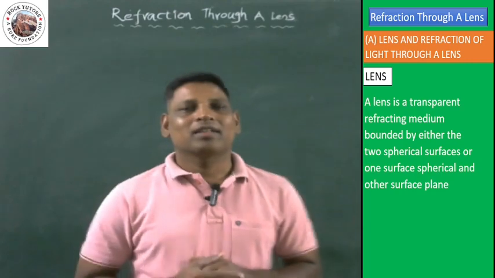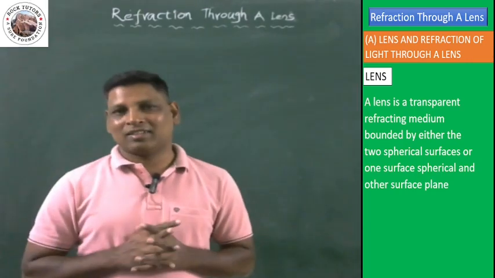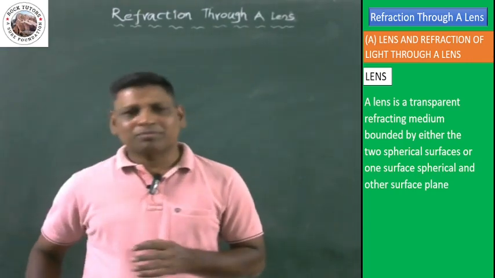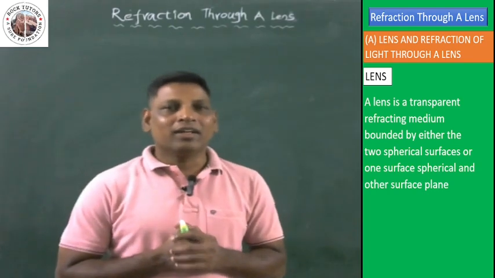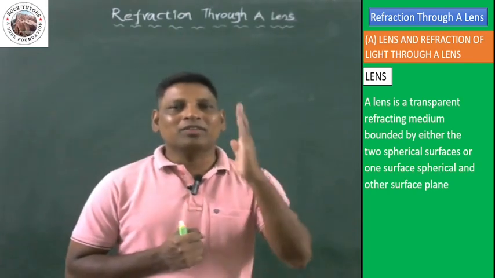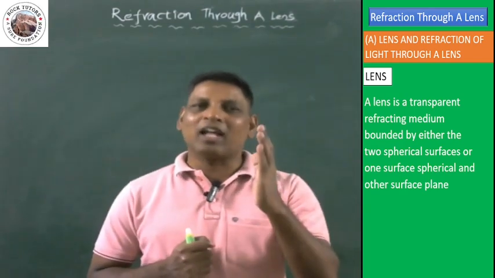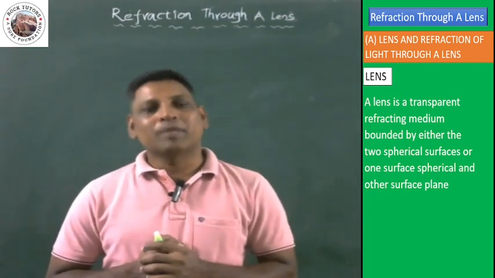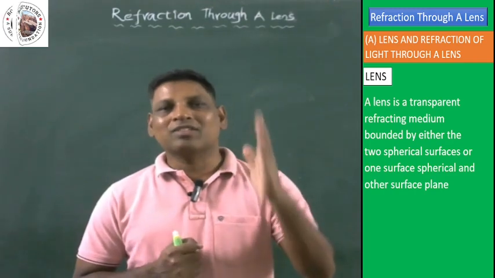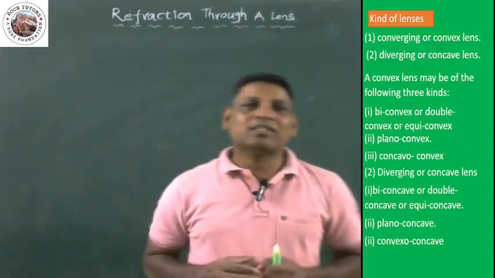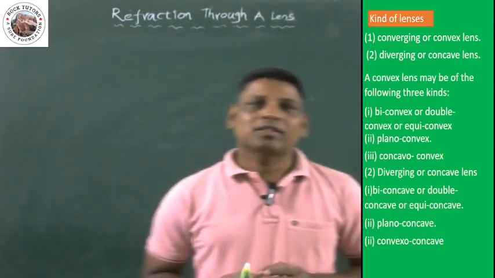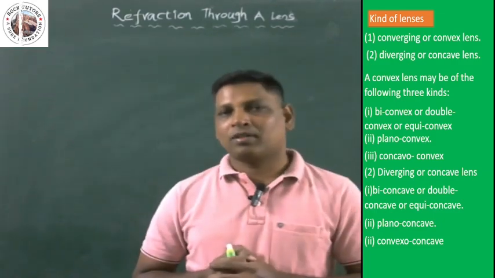This is about lens. Here, when one surface is a plane, a plane is also a part of the sphere. Next sub point is kinds of lenses.